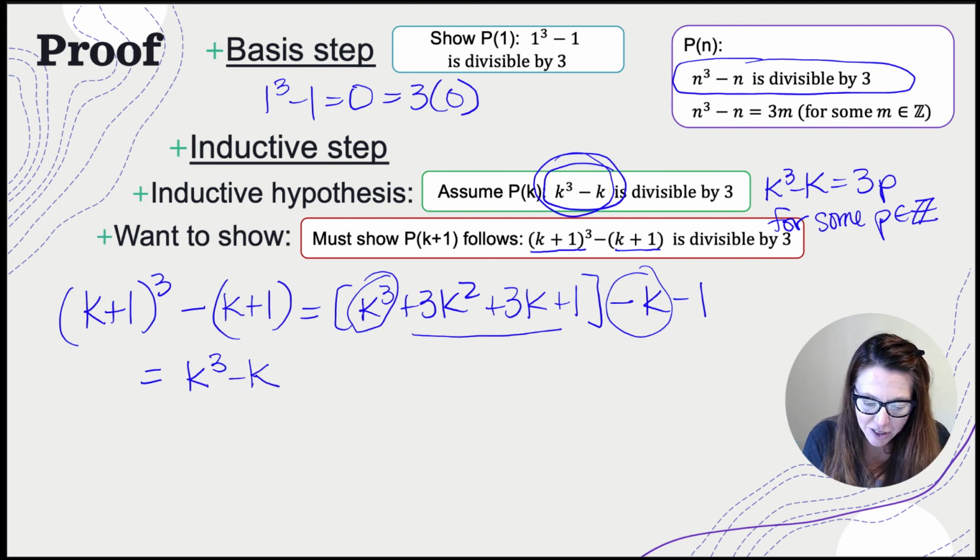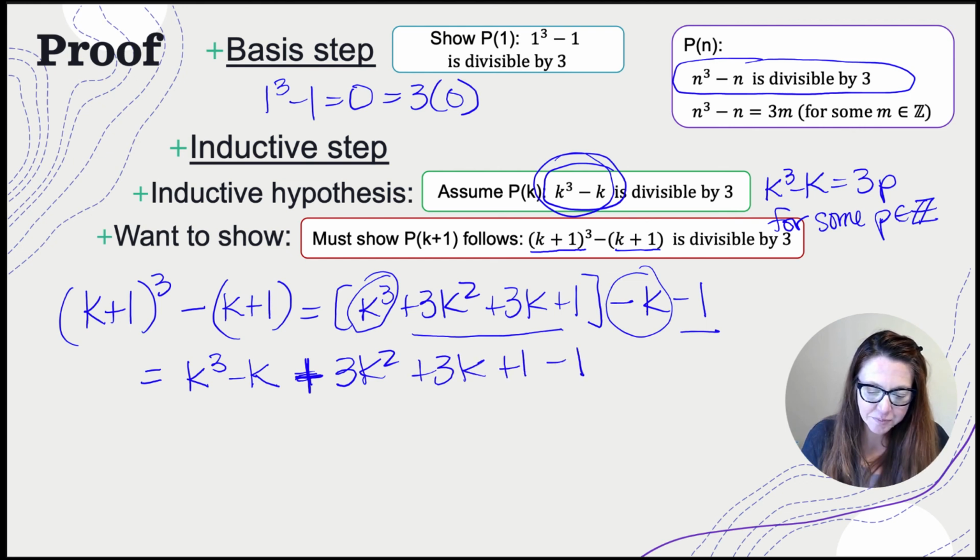And then I still have these remaining terms left over. Plus 3k squared plus 3k plus 1 minus 1. Well, I can see the plus 1 and the minus 1 are going to go away. But let's work with that again.